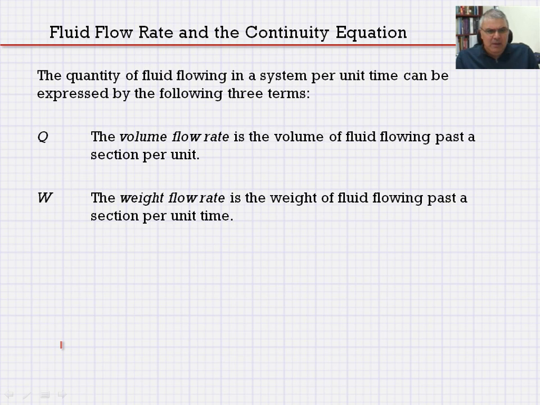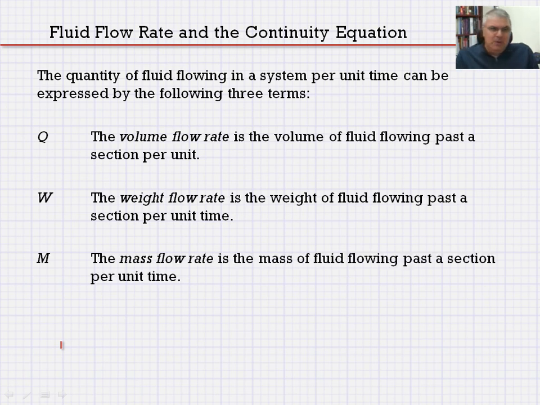There are three quantities that we measure when there is a fluid flowing in a system per unit time. They are Q, W, and M. Q is the volume flow rate, which is the volume of fluid flowing past a section per unit time.